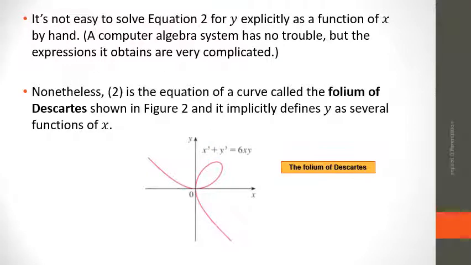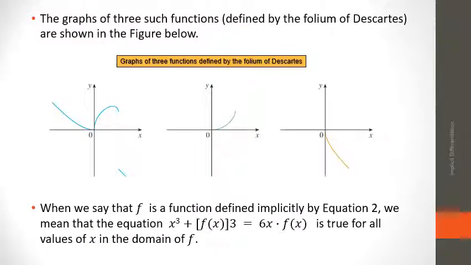This is a picture of x cubed plus y cubed equals 6xy. And this actually has a name. It's called the folium of Descartes. It shows an example of something that you could not solve explicitly for y as a function of x. And it would be very hard to do by hand. So this is a classic example of why we need to know implicit differentiation.